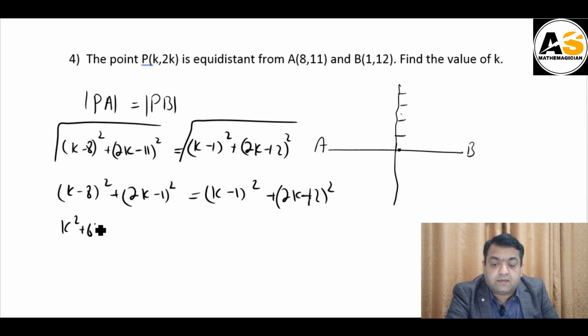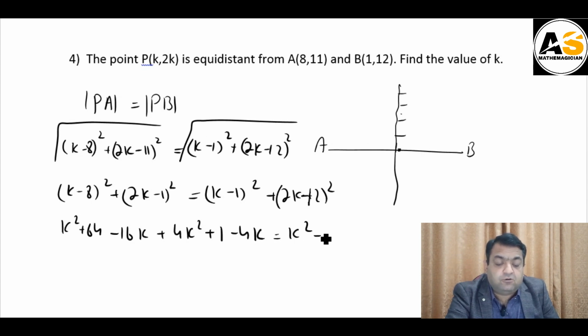So k square plus 64 minus 16k plus 4k square plus 121 minus 44k is equal to k square minus 2k plus 1 plus 4k square plus 144 minus 48k. This k square and this k square, 4k square and 4k square will be cancelled out.